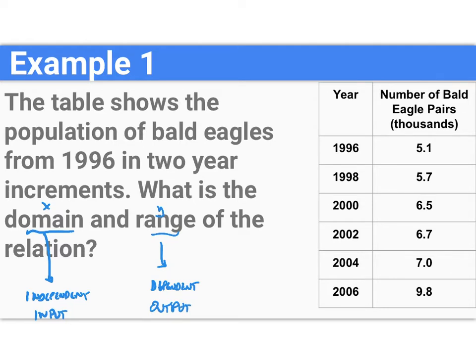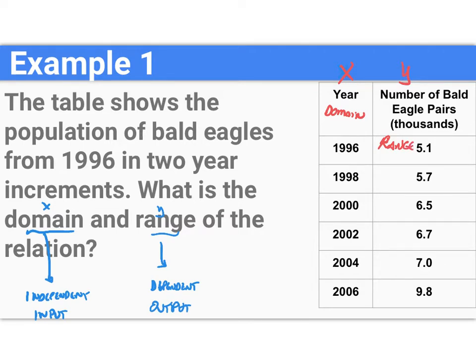On the table of values, the X or the independent will always be on the left and the Y will always be on the right. So the domain is years, and that's your domain. And then your range is the number of eagle pairs, and that is your range.